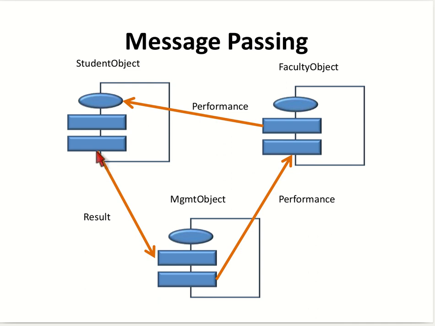It will call the research function which is present in the student object. Like this, these objects can interact with each other. So what is message passing? It is just the invocation of a method which is present in another object.